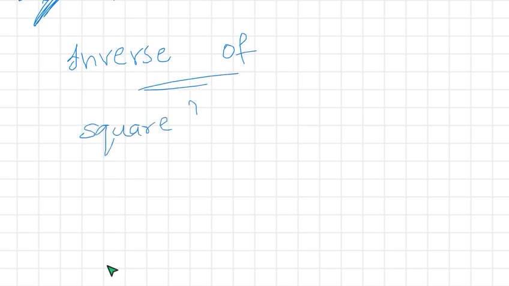Okay, let us find the inverse of, let's say, first things first, square function. Square function inverse, let's say y equal to x square. Can you find the inverse of this?